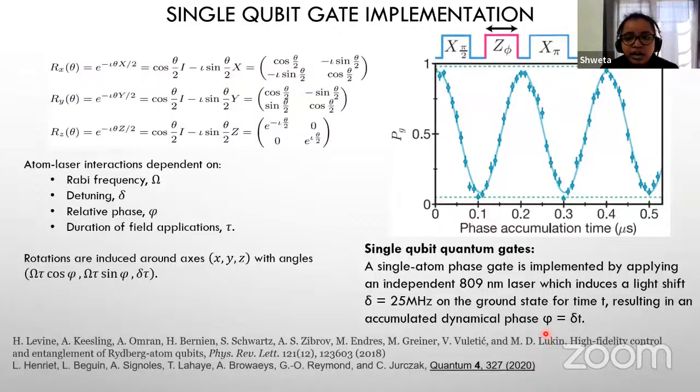According to that phi, the phase gate is introduced along the z axis. So that's how these single qubit gates can be implemented using these rotation gates.